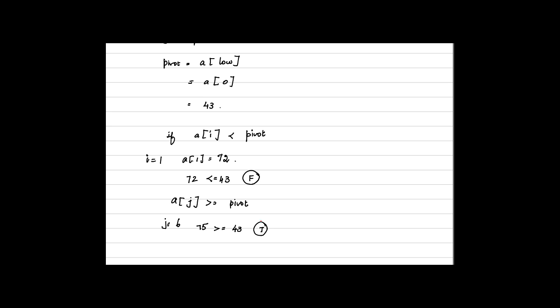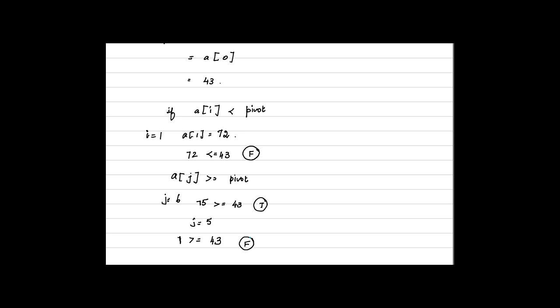Condition is true. Now j gets decremented to 5, j minus 1. So it checks A of 5 is now 1, is 1 greater than or equal to 43? This condition fails. So it moves on to the if condition.